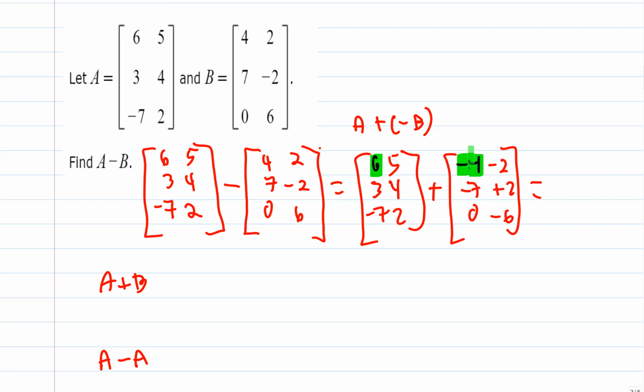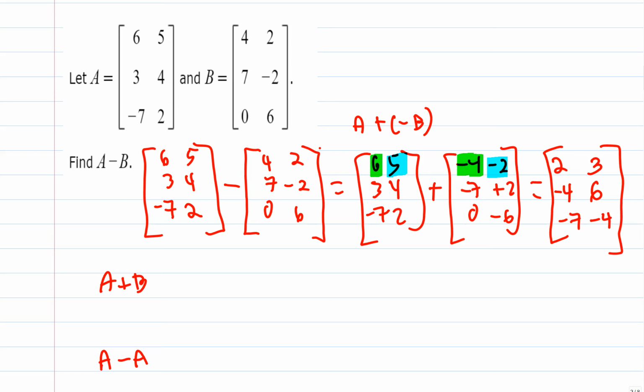So this would be negative 6 plus 4 is 2. Then we would follow with the top right. And I'm going to run out of colors here, but that's okay. 5 plus negative 2 would be 3. I could do 3 plus negative 7 is negative 4. 4 plus 2 is now 6. Negative 7 plus 0 is negative 7. And 2 plus negative 6 is negative 4. So they just match up. They line up, and you add the pieces that match up.